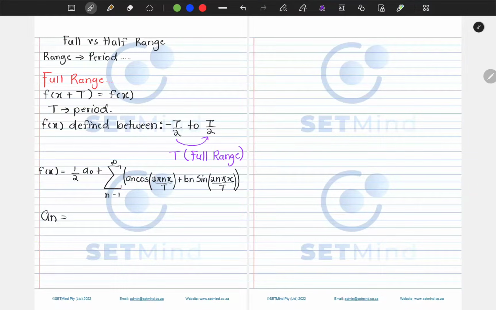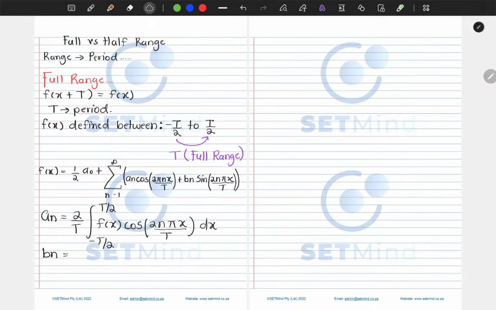So your an, when we have full range, will be 2 over T, and then the integral from negative T over 2 to T over 2 of f of x multiplied by cos of 2n pi x over T dx. There's something that I'll need you to note. And let's go to bn.